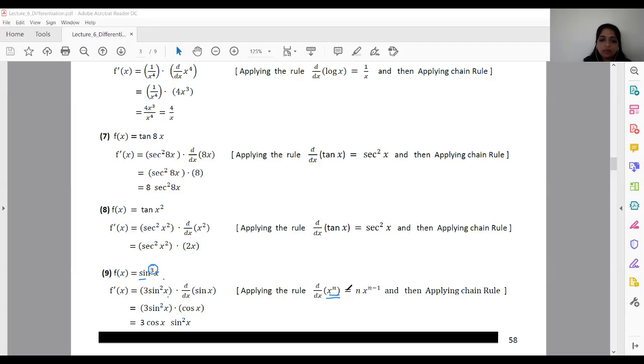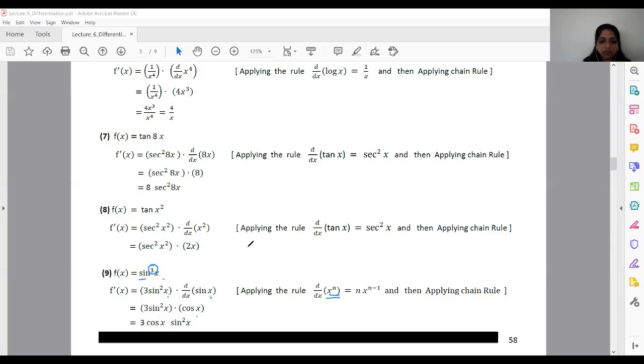So by applying chain rule, d by dx of sine x. This is the most important example because many students make mistakes in this type of example. 3 sin square x, keep it same. The derivative of sin x is cos x. So final answer is 3 cos x sin square x.